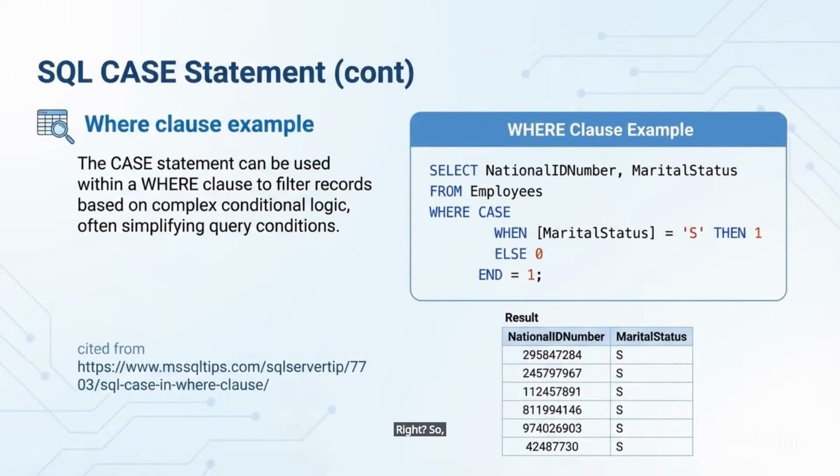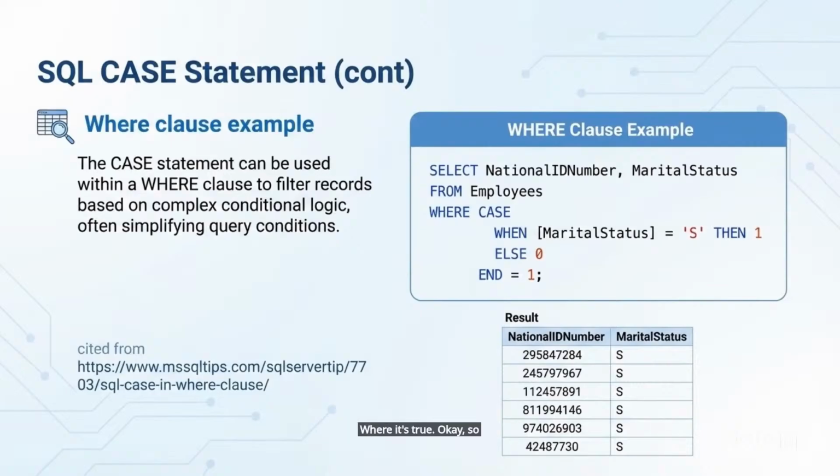So if it's, hold on, case when marital status equal to S then 1, else 0, equal to true, when true, where is true?